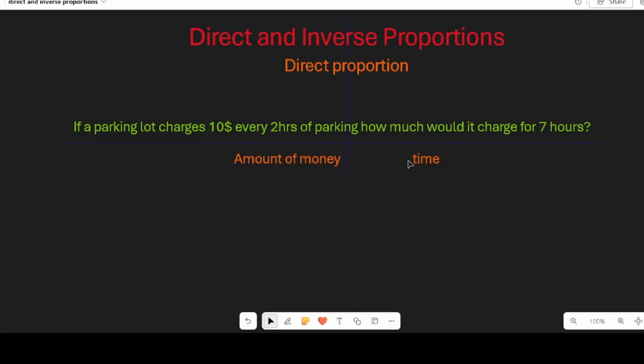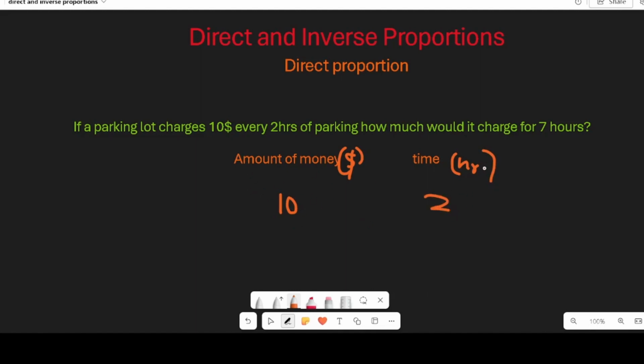The amount of money would be $10. We'll put dollars in the brackets and hours in here. So $10 is the amount for every 2 hours, and now we need to find how much it would be for 7 hours. So it's very simple. Let's take this value over here to be x.